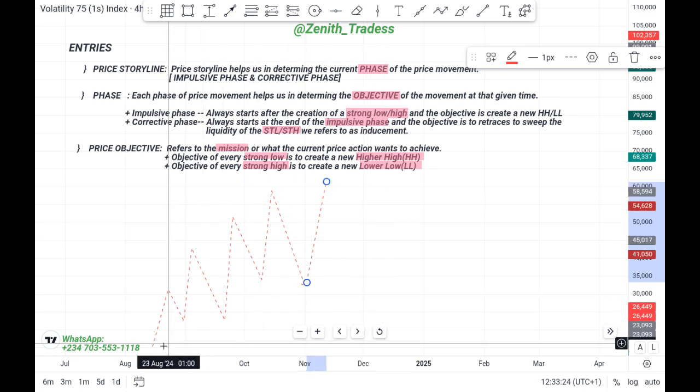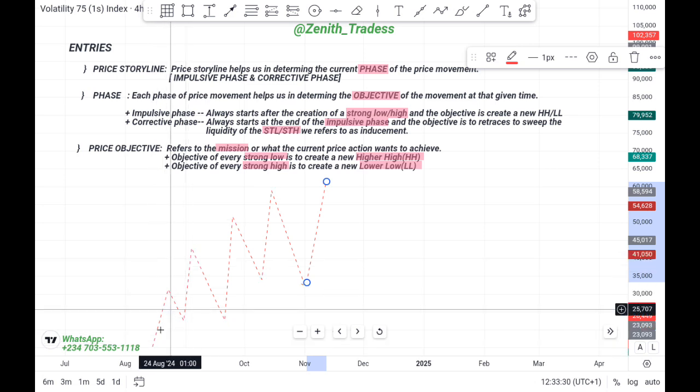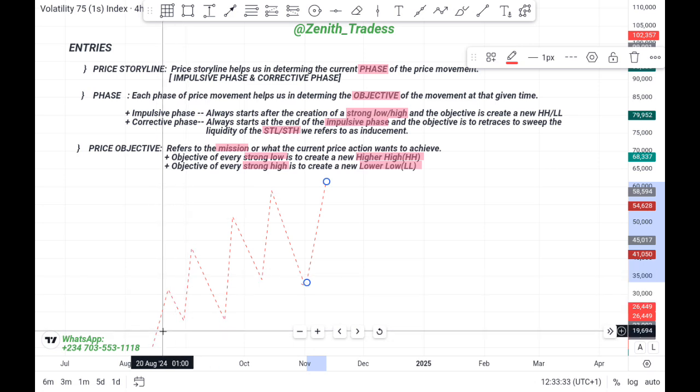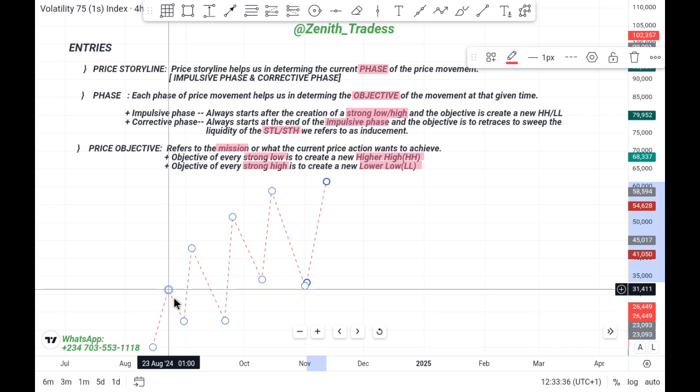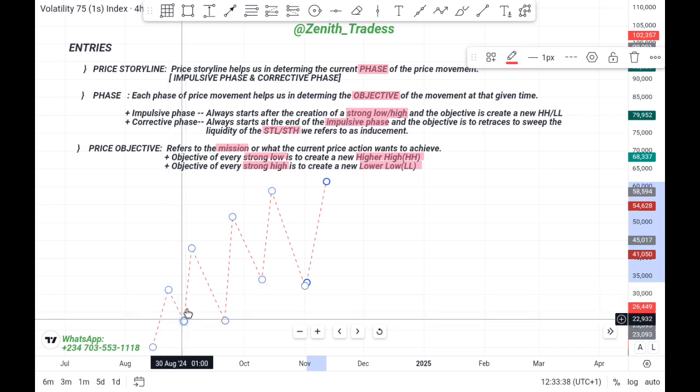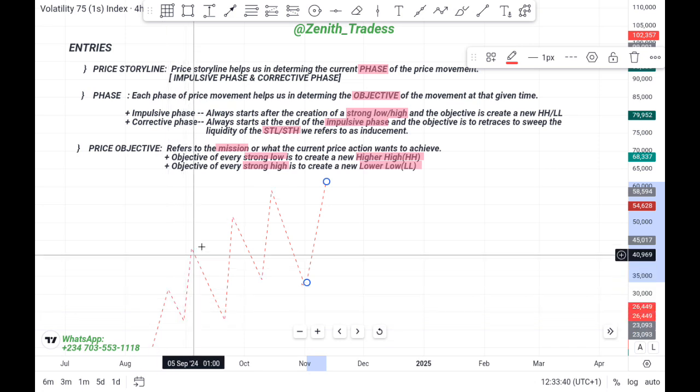So look at from here, price moves creating a bullish, an impulsive move, from this low, creating a minor high, retraces, giving us this pullback, then creates a major high. Why is it a major high?